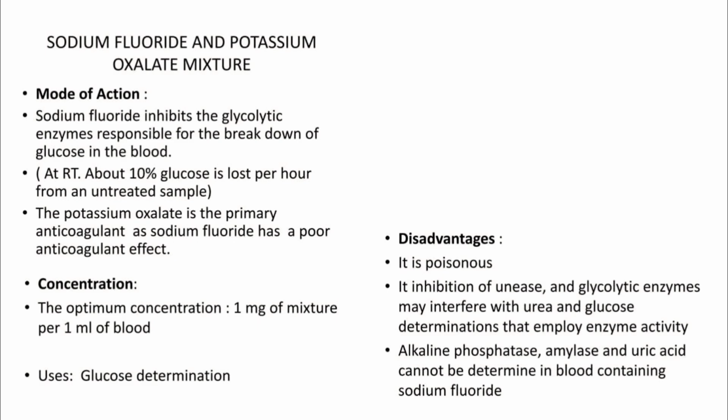Optimum concentration: 1 milligram of mixture per 1 ml of blood. Uses: glucose determination. Disadvantages: it is poisonous. Inhibition of glycolytic enzymes may interfere with urea and glucose determinations that employ enzyme activity. Alkaline phosphatase, amylase, and uric acid cannot be determined in blood containing sodium chloride.